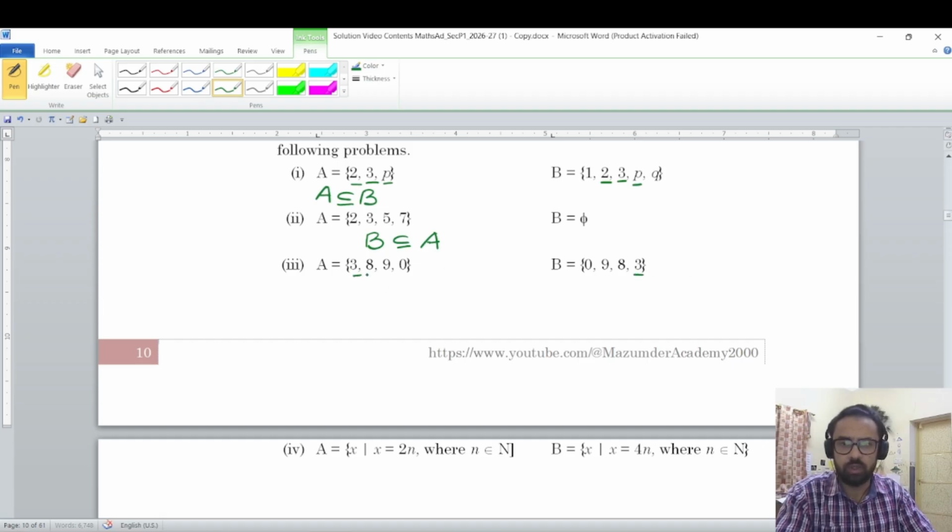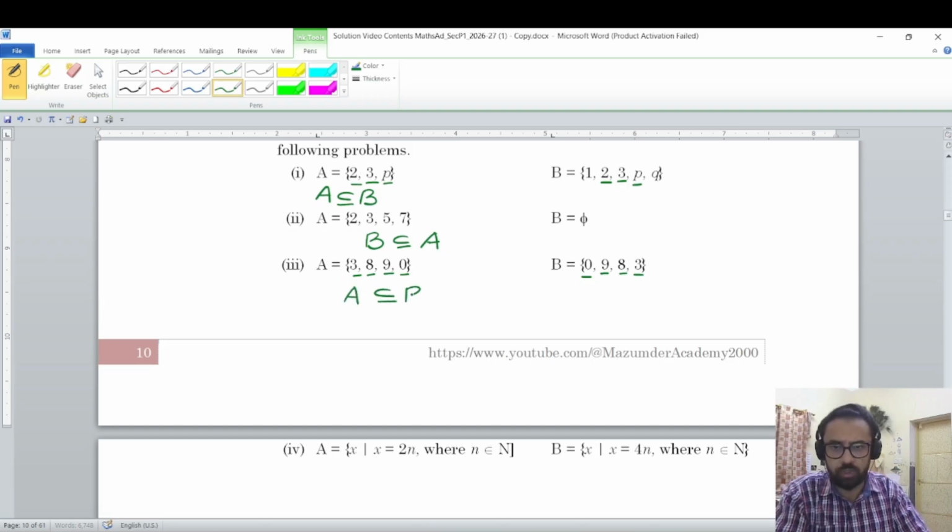Yes. 8 available? Yes. 9 available? Yes. 0? Yes, available. So all the elements of A are available in B, as well as all the elements of B are available in A. Therefore you can write A is a subset of B and B is a subset of A.